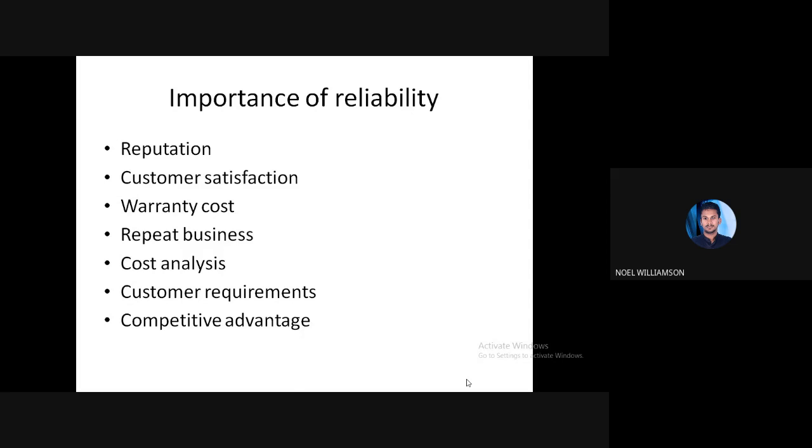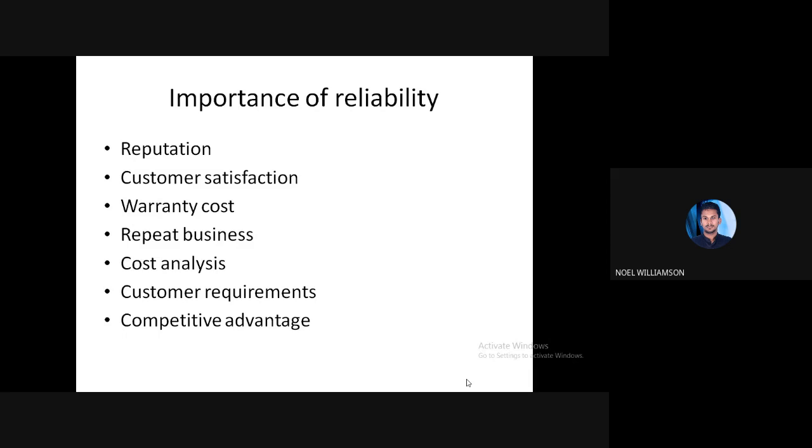Then coming to the cost analysis. Usually the manufacturers combine the reliability data that is available with other cost information. Only by combining them can they analyze whether a product is making a profit or not.